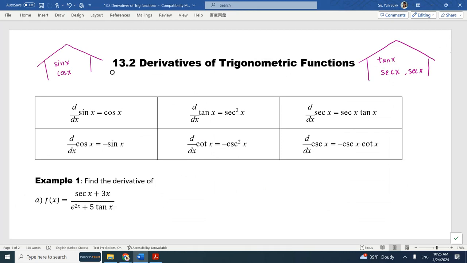So the derivative of tangent is secant squared. And who's the family member of secant? Secant tangent. Okay, everybody? So use this story to help you memorize the formula. So that's why the derivative of secant is secant tangent. So these two stories can help us to memorize the top three formula.